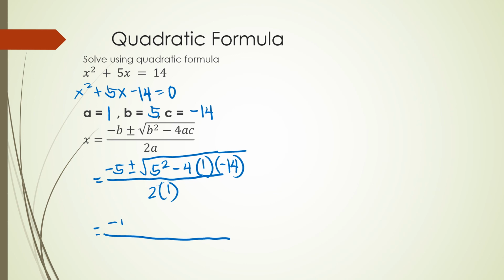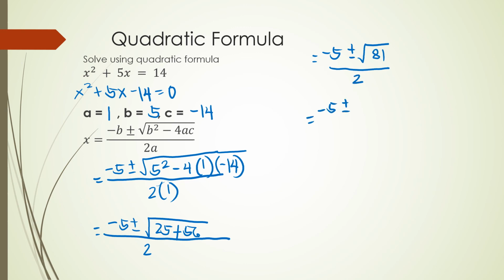So you have negative 5 plus minus the square root of 25. 4 times 1 times 14, that is 56. Negative times negative, magiging positive, so magiging plus 56. 2 times 1, that is 2. So you have negative 5 plus minus the square root of 81 over 2. So for negative 5 plus minus square root of 81, that is 9 over 2.